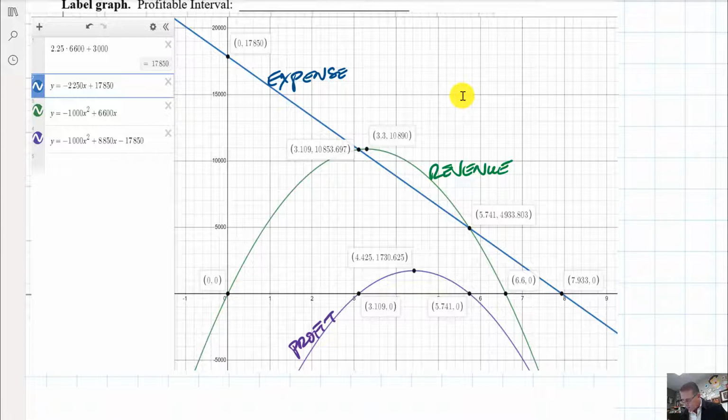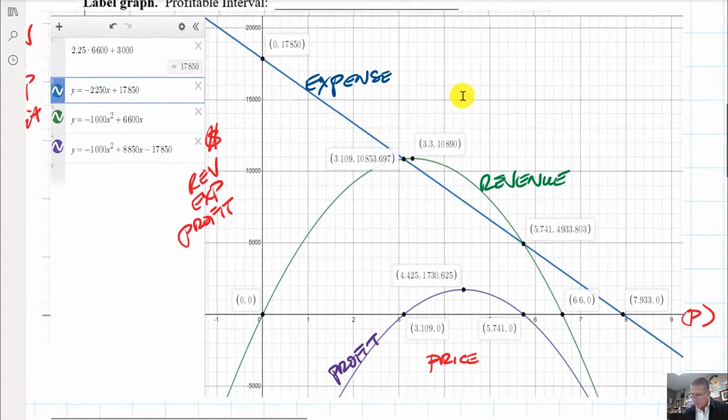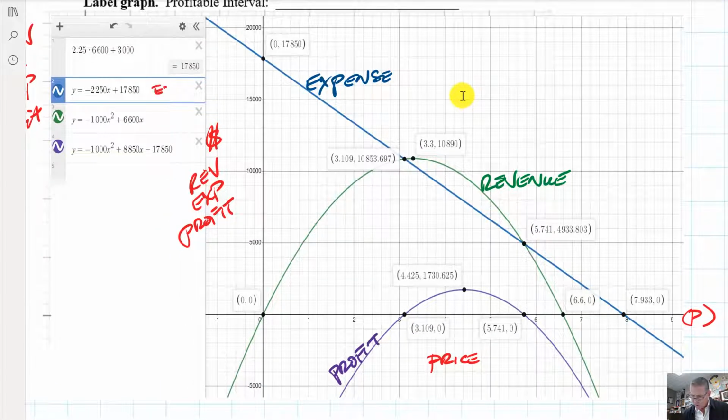Remember, price is on the x-axis. It's always price there, and on the vertical axis we have the revenue, or the expense, or the profit, depending on what function we're looking at, because there are three functions on the same graph. Now let's start with the expense function, in blue.